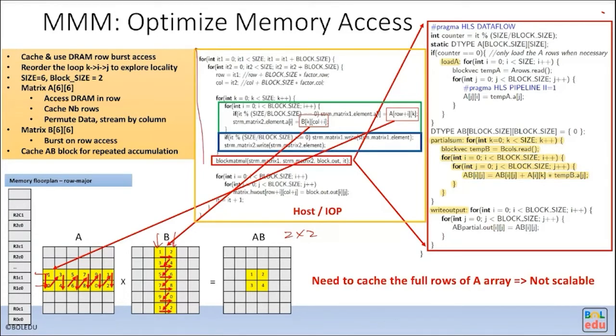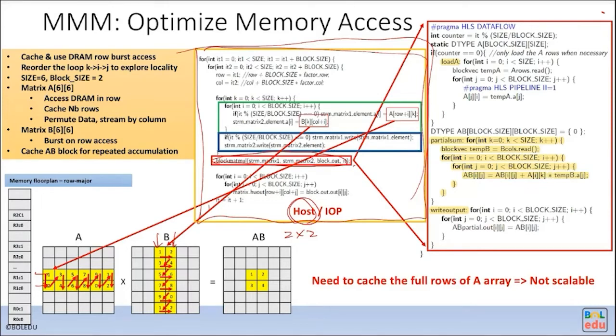For this part, the real kernel function is the block matrix multiplication. This part of the code you can think of as host code, and they only put the block matrix multiplication as the kernel function.